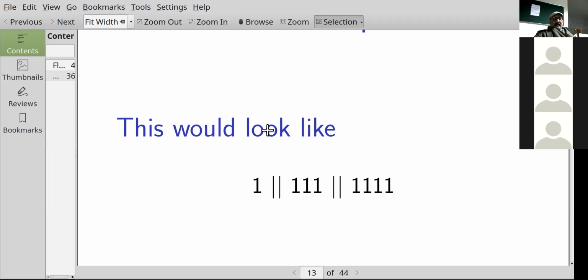Okay, and this representation here is a way of representing how it's actually stored in a computer. Is that okay? Yes, sir.